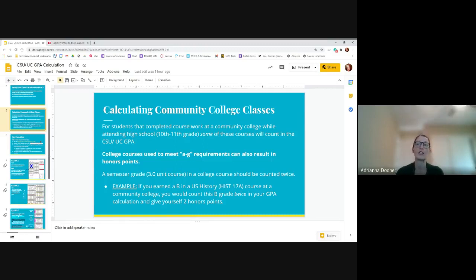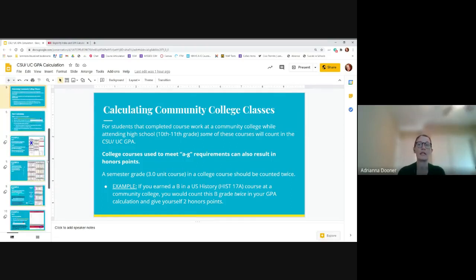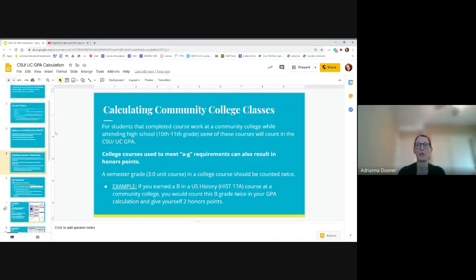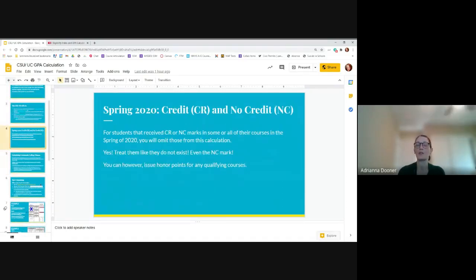Then the other change is that the credit and no credit marks from the spring would not be computed towards the CSU or UC GPA, which we looked at over here as well. So those are really the only pandemic impacts that we are aware of that would change anything with this GPA.